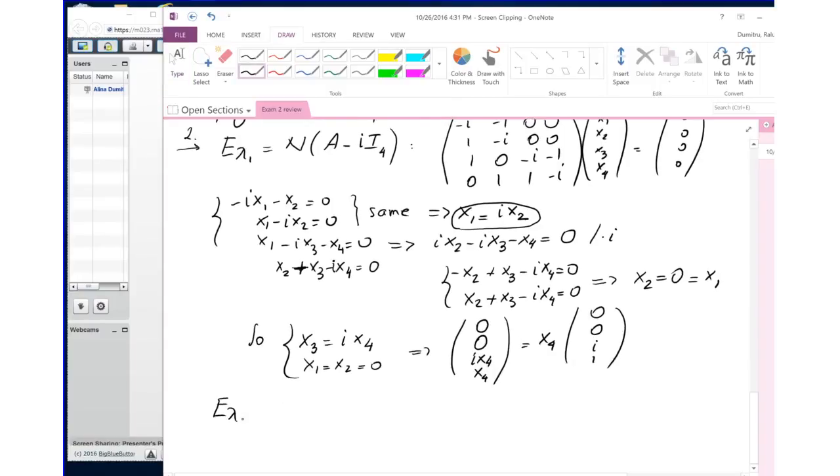So E lambda 1 is just the span of this vector. Is that good? Does the one have multiplicity? It had multiplicity 2. That's why I didn't like what happened back there. But shouldn't there be? Well, it should if the matrix would be diagonalizable, but that means it's not diagonalizable, right? Because the dimension of this eigenspace does not equal the multiplicity of the corresponding eigenvalue.